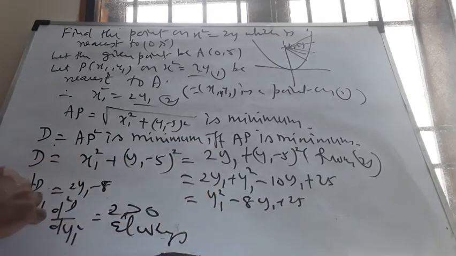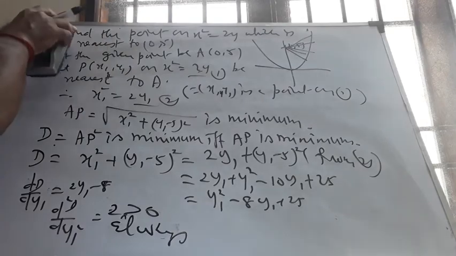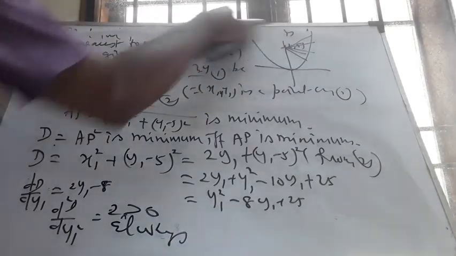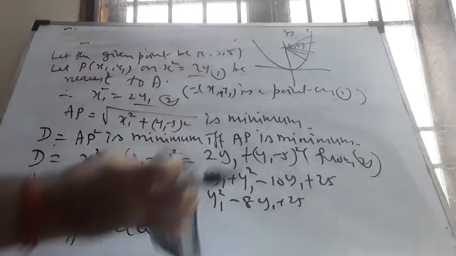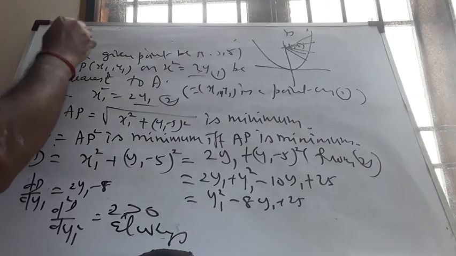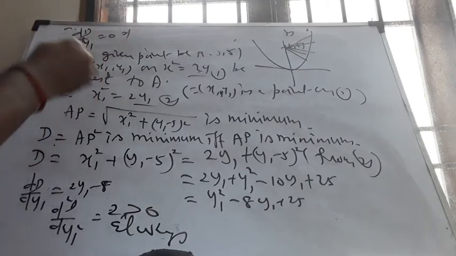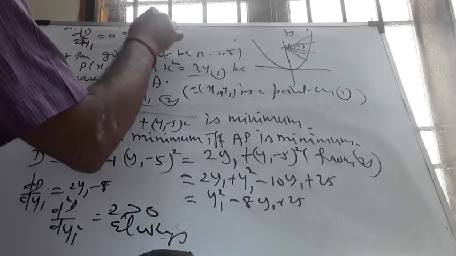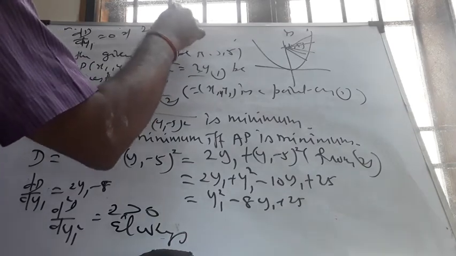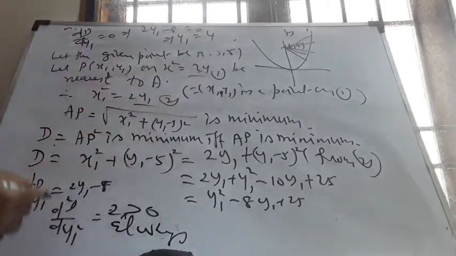Now equate dD by dy1 to 0, which implies 2y1 minus 8 equal to 0, implies y1 is equal to 4.